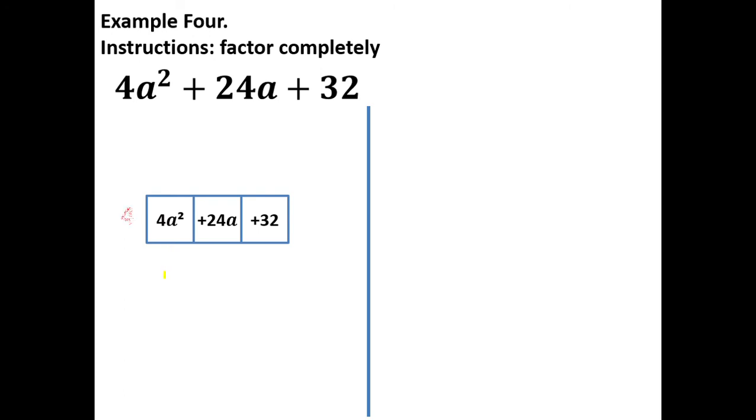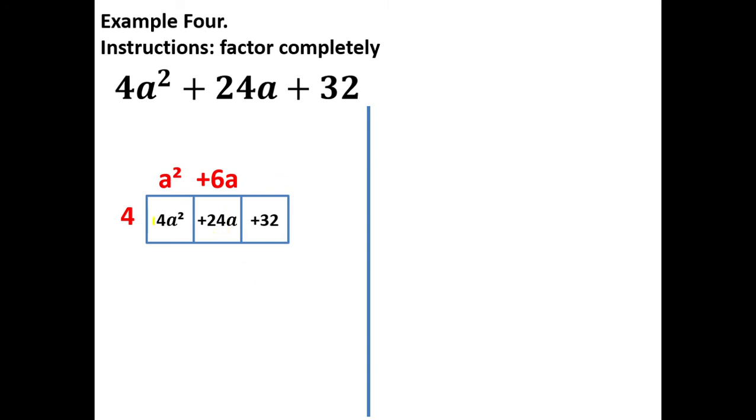So let's take a 4 out, and 4 times what gives you 4a squared? Well, 4 times a squared gives you 4a squared. 4 times what gives you 24? 4 times 6 is 24, plus also you're going to have to put an a up there because there's an a inside the box here in the answer. So 4 times 6 a's gives you 24 a's.